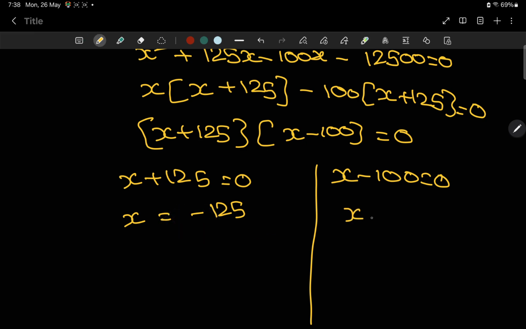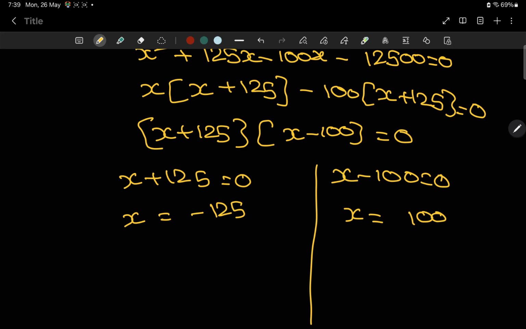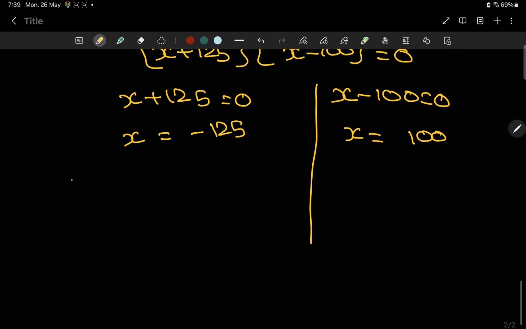And the same here, x is equal to positive 100, because there is a minus sign here, so if it is transposed, it will become plus. Now, can the number of children be negative? So this minus 125 cannot be the answer. Reason: the number of children can't be negative.